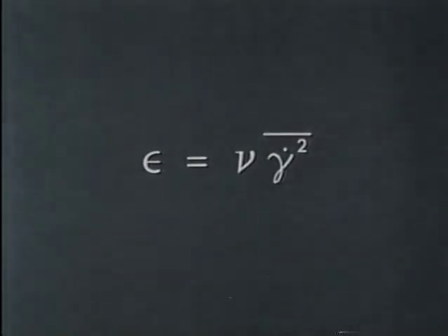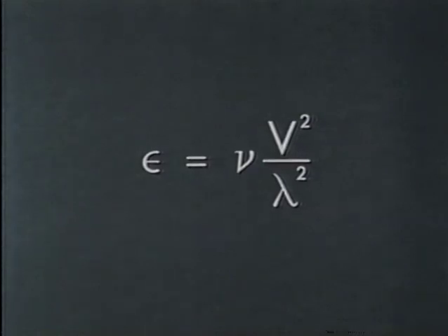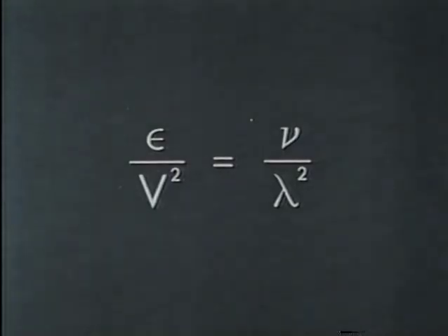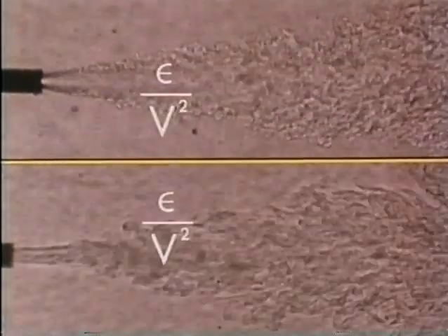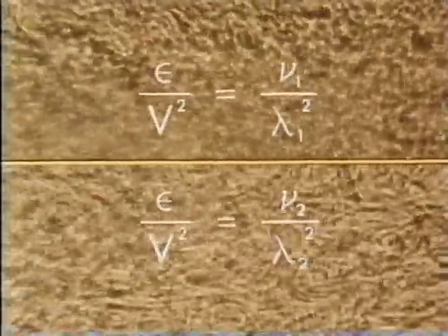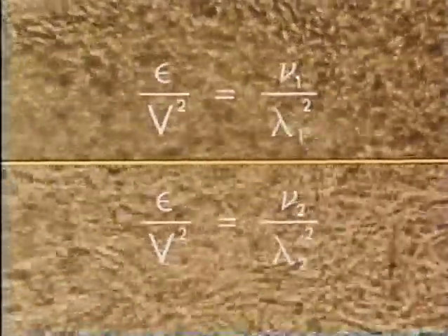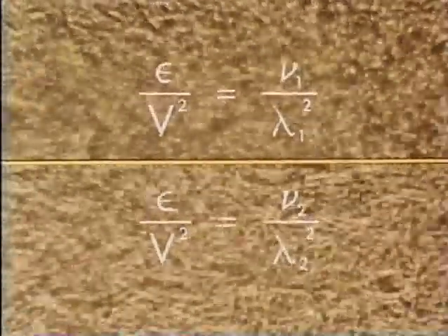Dimensionally, viscosity multiplied by the speed squared divided by some characteristic length squared. This can be written. In the two jets, we have the same energy dissipation and the same characteristic speed, but have different viscosities. Therefore, the length scales must also differ. The high Reynolds number jet with low viscosity must correspondingly have a smaller characteristic length scale.